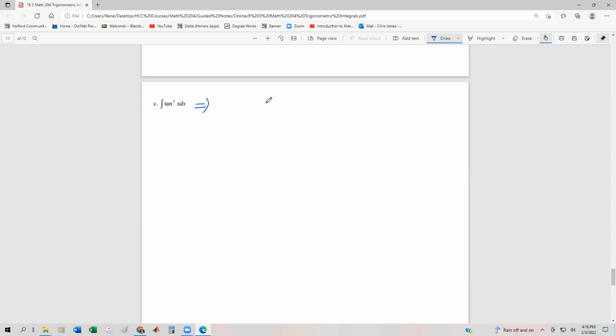But realistically, to write this as tangent to the 4th of x, tan of x dx, that's not going to help us because we don't have anything like a derivative of secant or a derivative of tangent that's going to give us just a singular tangent. So we need a secant in there as well.